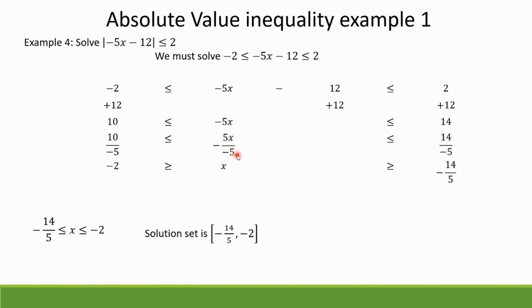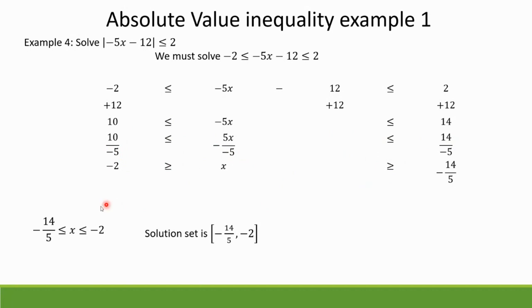Here we're dividing by negative 5, so that's what we do to everything, but the inequalities get flipped. So we get negative 2 greater than or equal to x greater than or equal to negative 14 over 5. That's what we do.